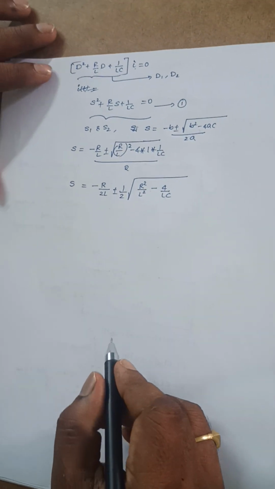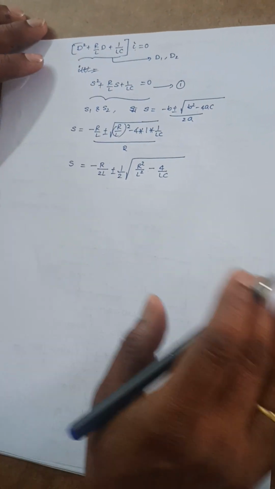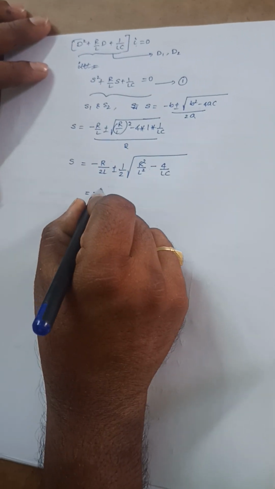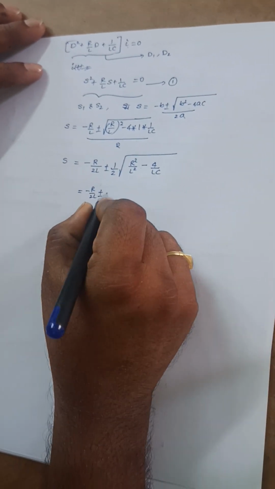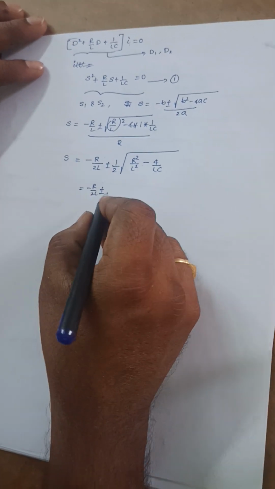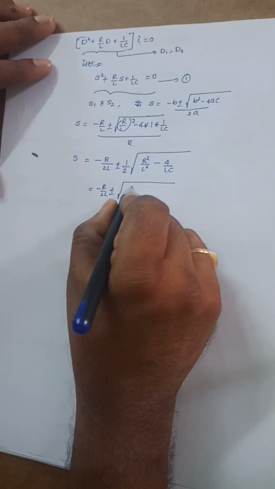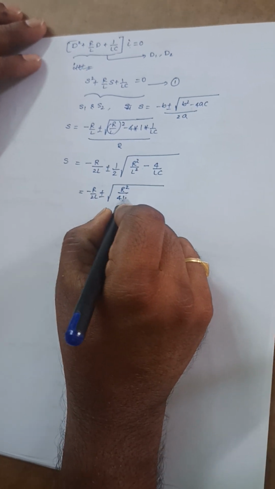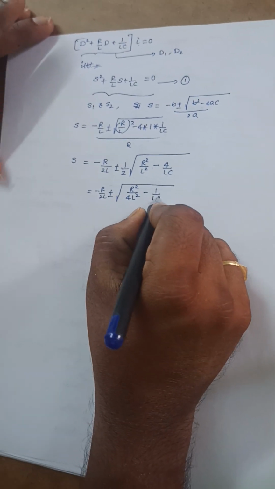Now if I bring this 2 into the root, it will become 4, so I can write this as R square by 4L square minus 1 by LC.